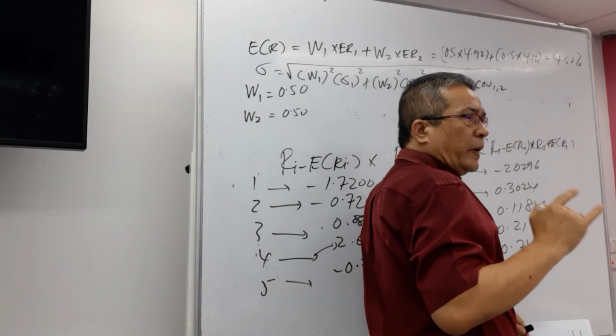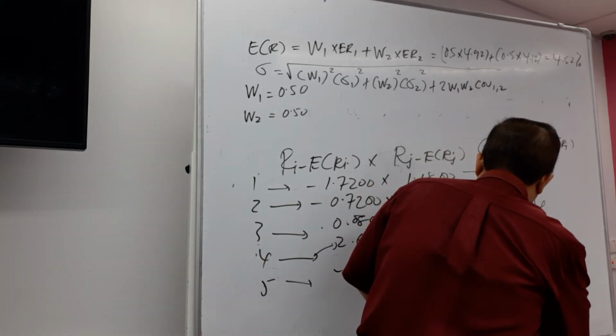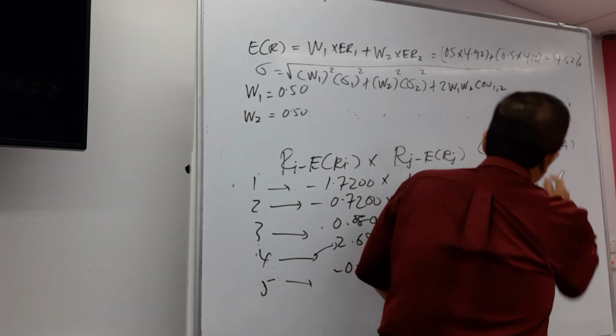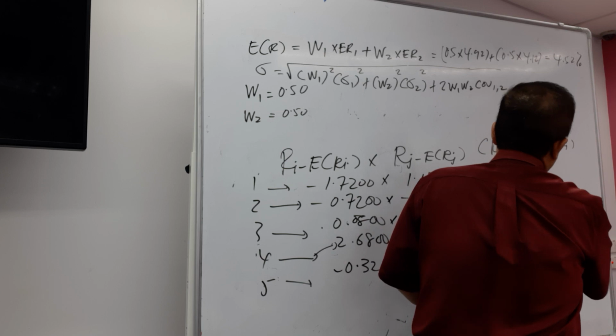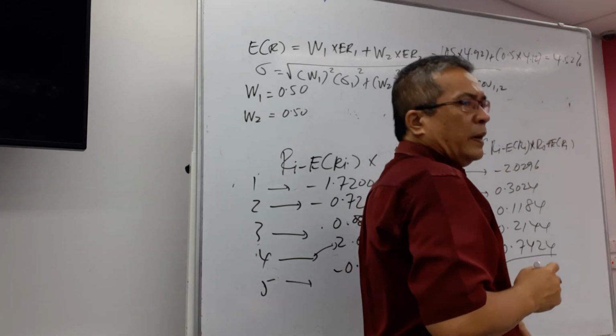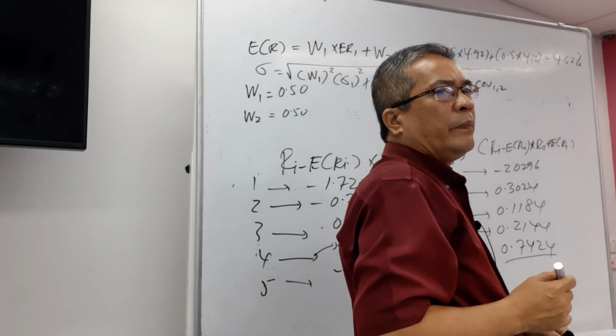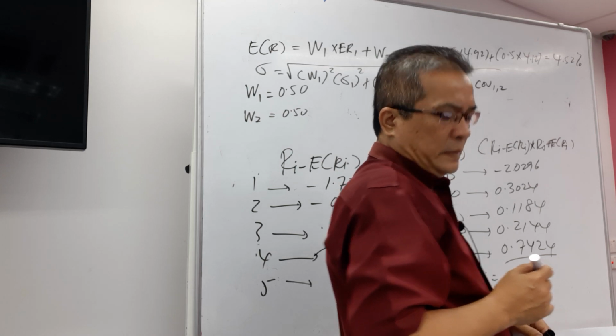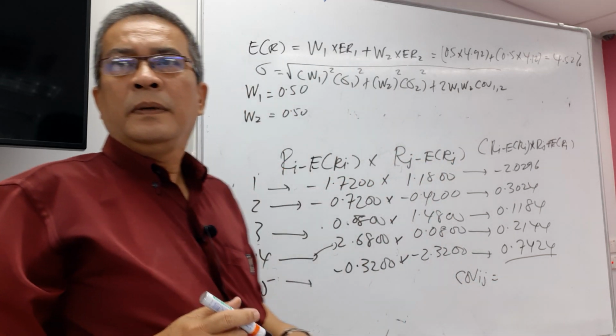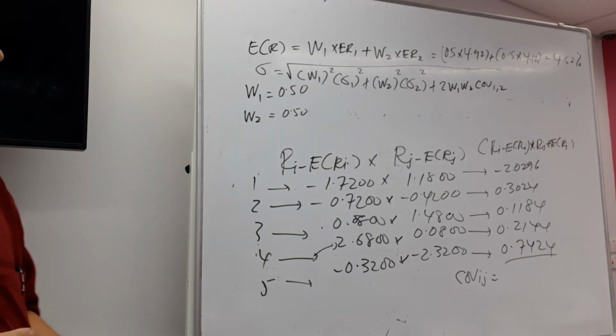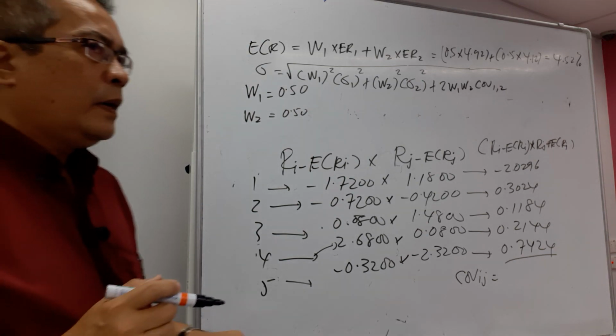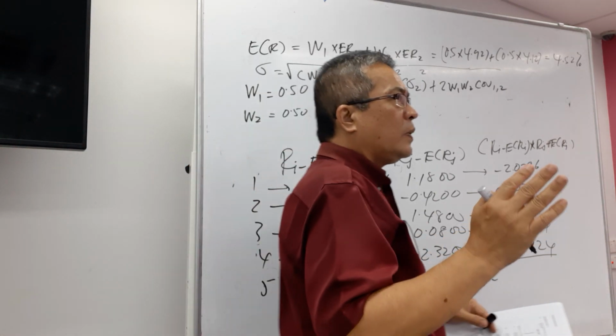Divided by 4. So covariance of IJ is equal to, you add up this figure for the 5 months. What is the answer? Negative 0.6520, before dividing by 4.